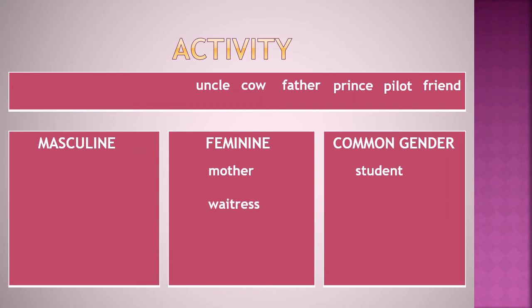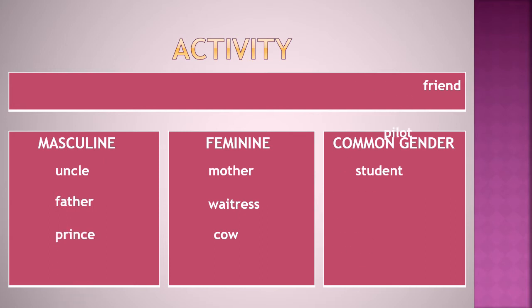Waitress, feminine. Uncle, masculine. Cow, feminine. Father, masculine. Prince, masculine. Pilot, common gender. Friend, common gender.